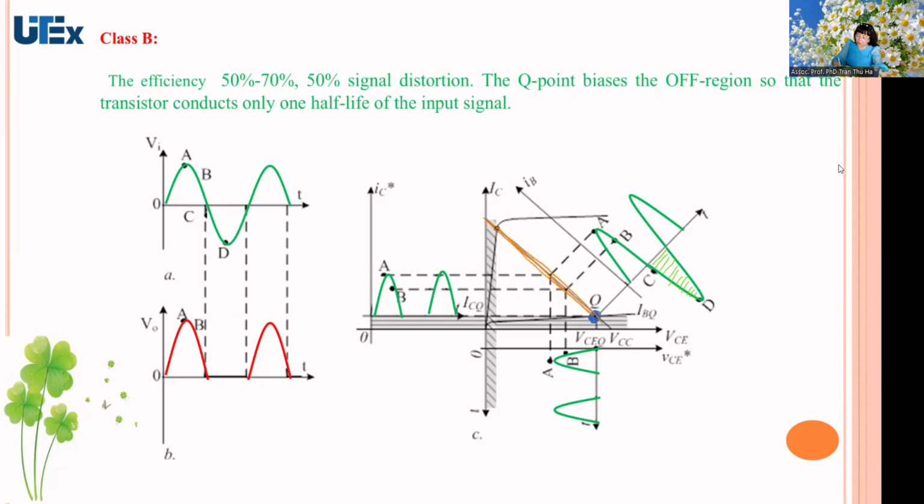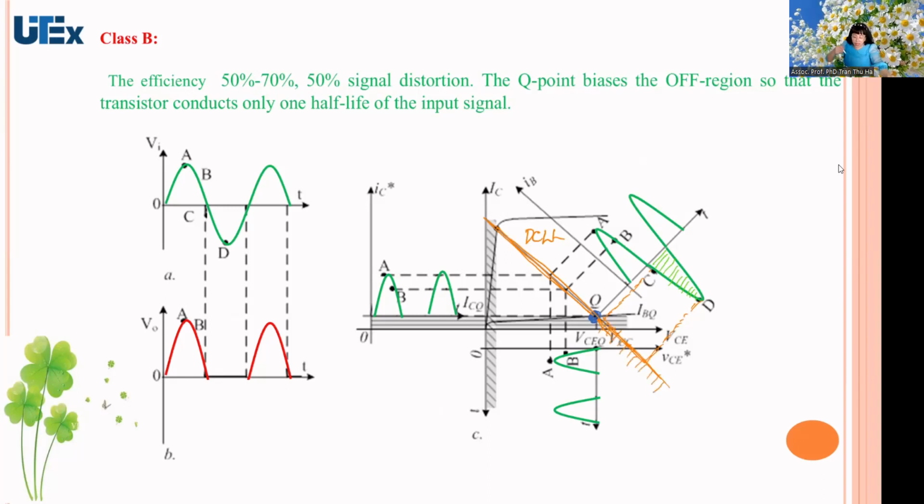This negative part belongs to the off area of the transistor. We have the DCLL, right? And on this, we have the area. This area belongs to the off area of the transistor.